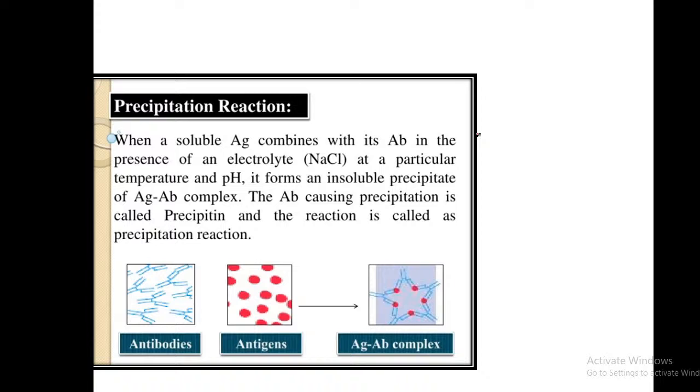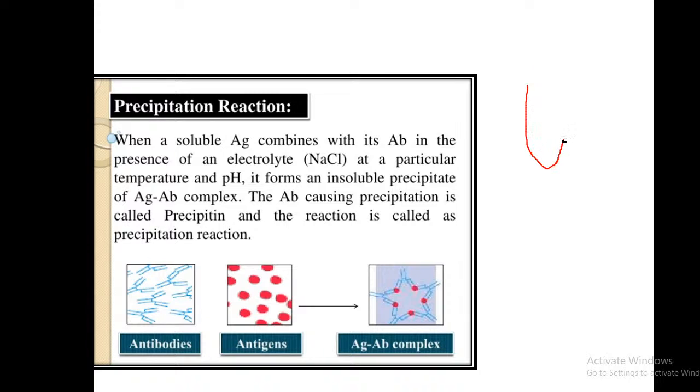Next is the precipitation reaction. What is precipitation reaction? Precipitation means the antibody binds with the soluble antigen, which can be a protein, and develops a visible precipitate, and that's known as precipitation.